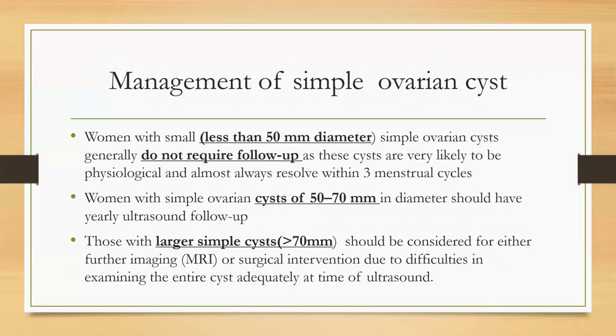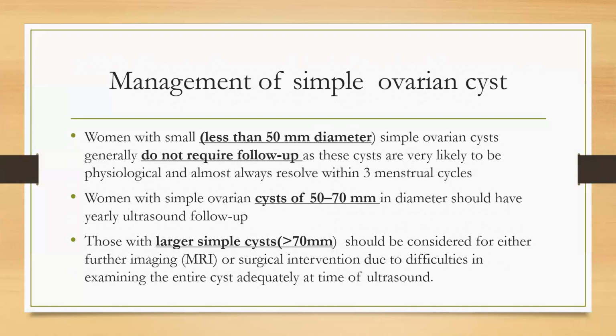I'm talking only about simple ovarian cysts according to size, not complex ones. Women with a simple ovarian cyst of 50 to 70 mm in diameter should have yearly ultrasound follow-up. Those with the largest simple cyst, more than 7 centimeters, should be considered for either further imaging or surgical intervention due to difficulties in examining the entire cyst adequately at the time of ultrasound.